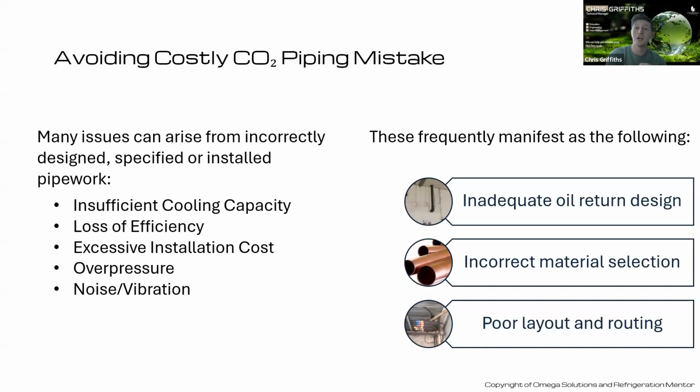Well, our suction pressure on a CO2 system will be 28 bar. So it's higher than generally the highest discharge pressure you would get on 404A. You're getting up there for the discharge pressures on air conditioning systems, 410A or R32. So we need to accommodate that in our pipework selection.